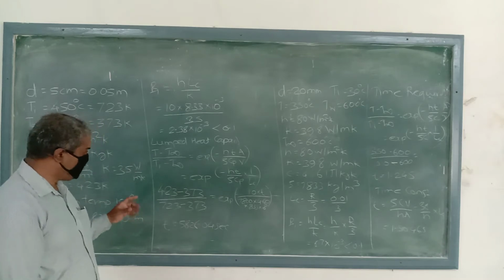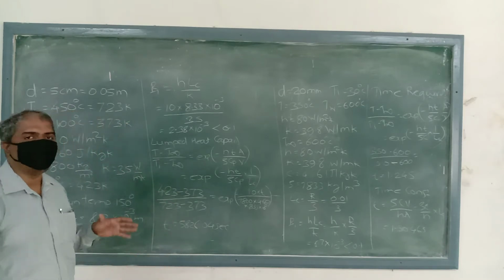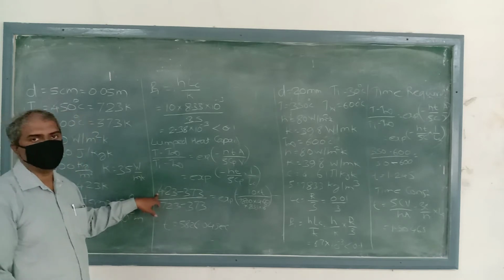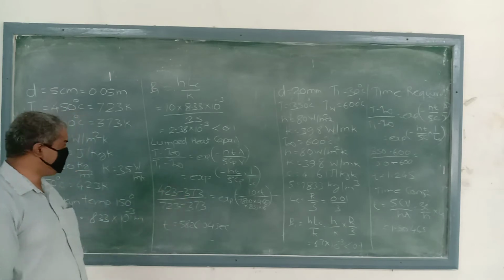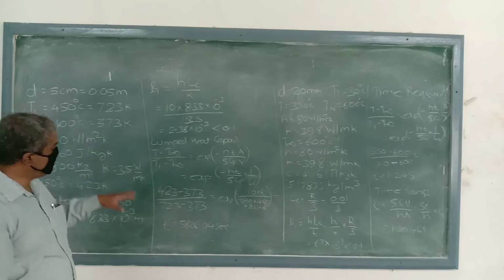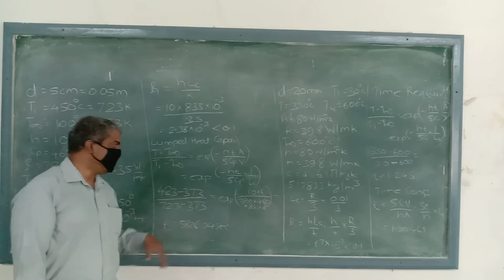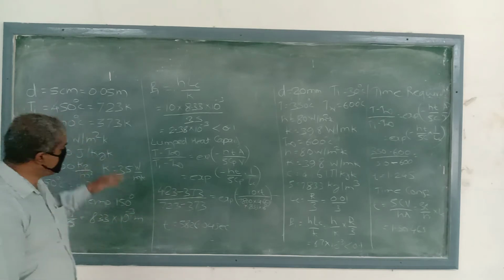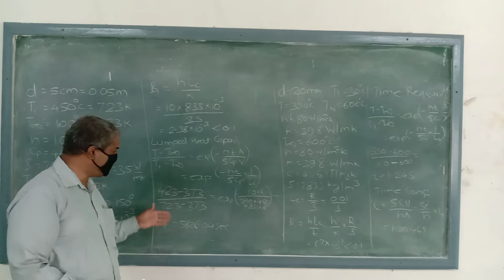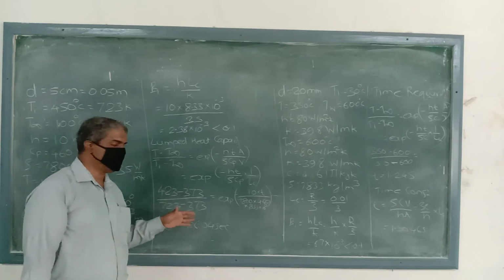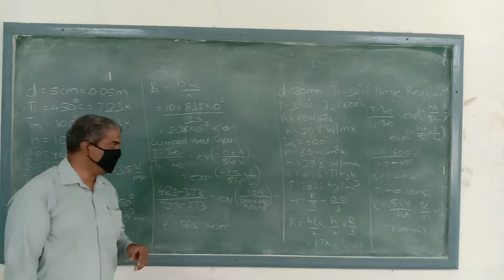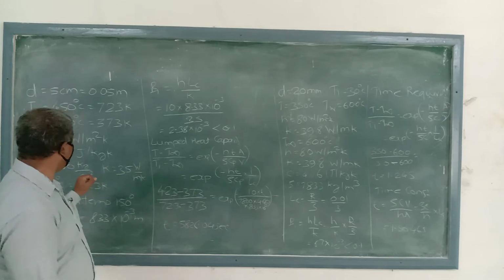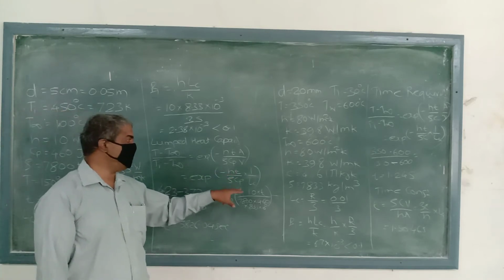Now we are going to substitute the values. The attainable temperature of 150 degrees Celsius we have converted into Kelvin. Also we are converting the temperature of the surrounding, 100 degrees Celsius, that is 373. And Ti means the temperature at which the ball already is, that is 723, minus 373 as T infinity. Now in the exponential, the h value they have given is 10 watt per meter square Kelvin, we can substitute.